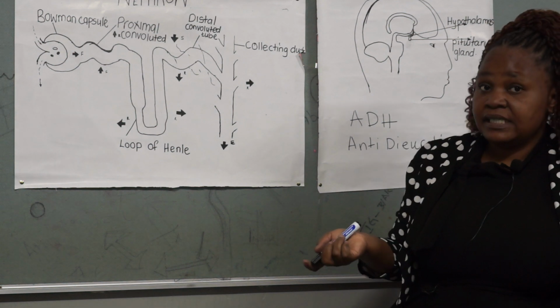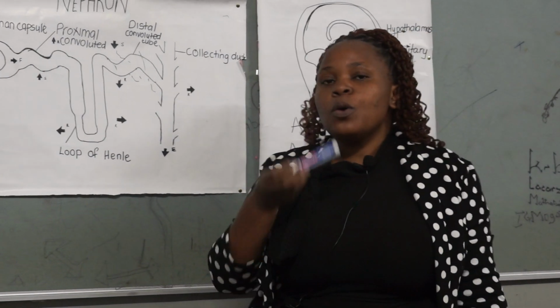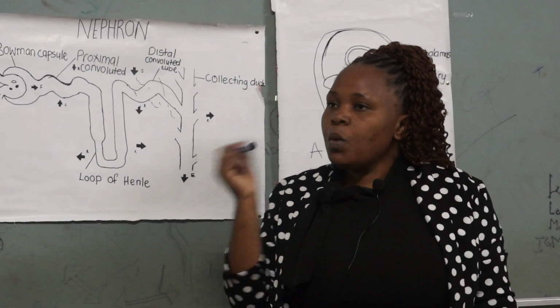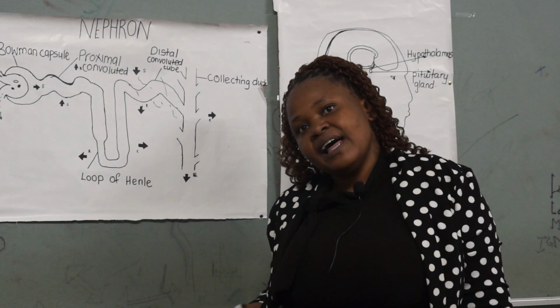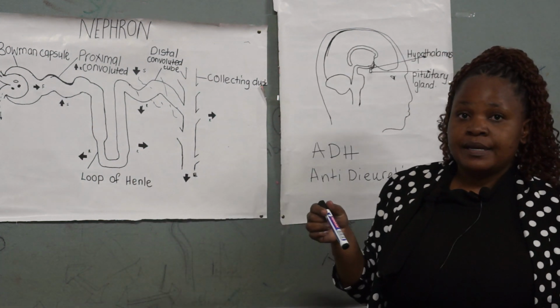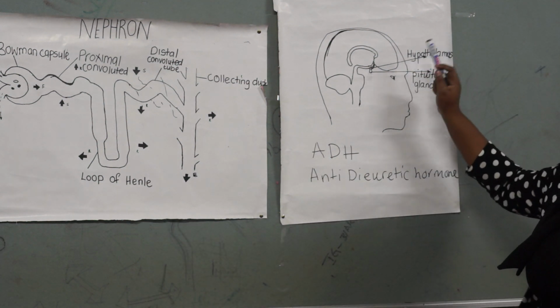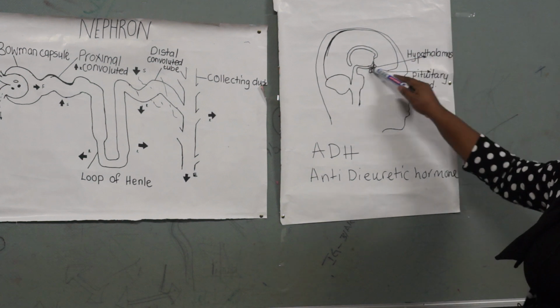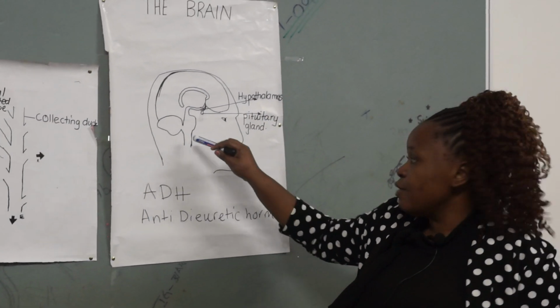To be maintained. Right. Then, lastly, you also need to know what happens if there is too much water in the blood. The opposite now will happen. But again, the control center is the hypothalamus. The osmoreceptors in the hypothalamus will detect the what? The anomaly.